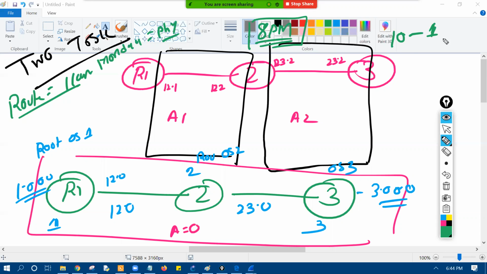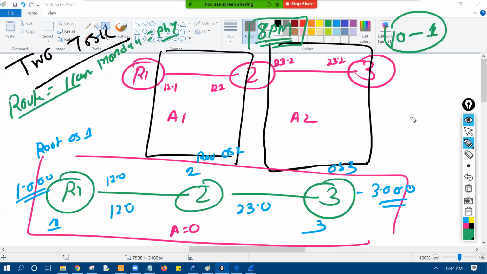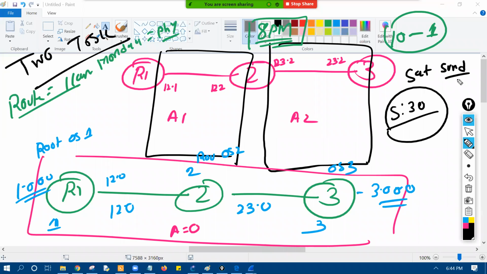After that I'm totally free. You can take the same time, 5 o'clock, 2 hours. Saturday, Sunday we can do that. Okay, then 5:30. We need to finish this also, so Saturday, Sunday we can do that.